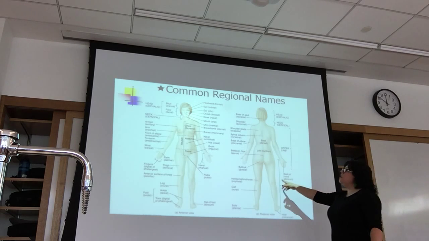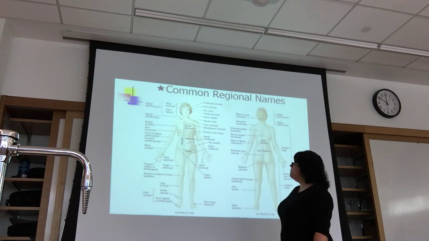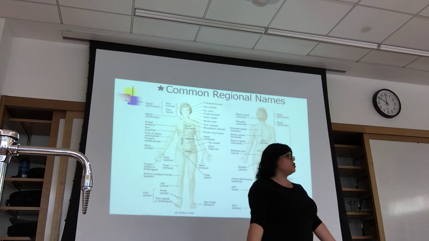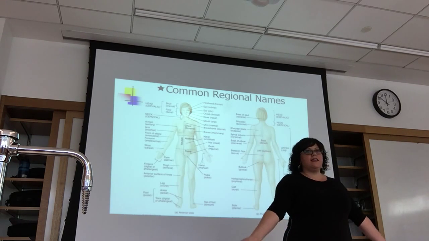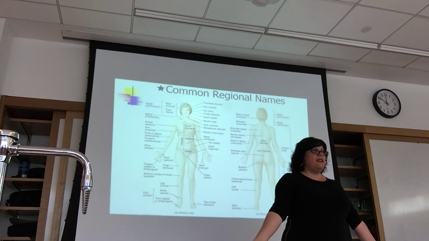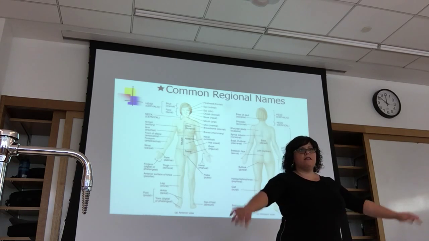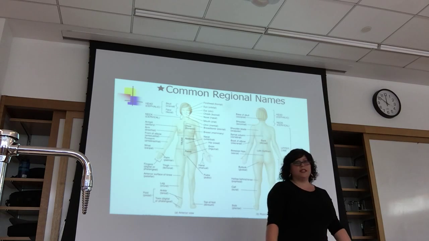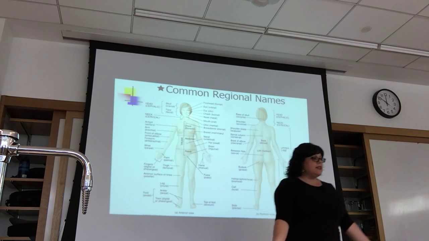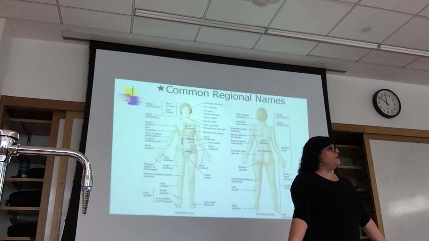Also notice in this diagram the way the woman is standing, the way she's positioned. She's positioned like this. It's really not the common way for people to stand. When people are standing around, they're usually like this, with their hands by their side. But this position is what we consider proper anatomical position.